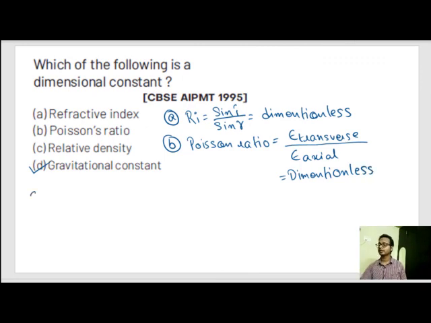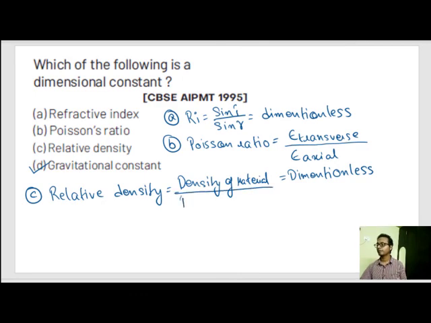Relative density is density of material by density of water. So numerator and denominator gets cancelled. Even this becomes dimensionless.